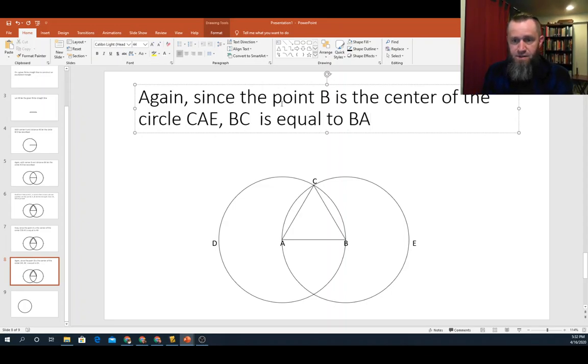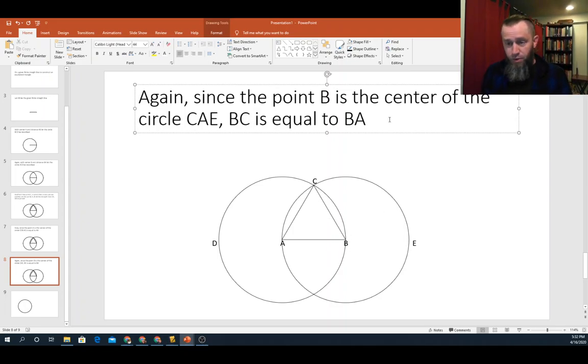So we know that BC is equal to BA because B is the center of the circle, and C and A both lie on the boundary of the circle. So BC has to equal BA. So CA is equal to AB, and CB is equal to BA.